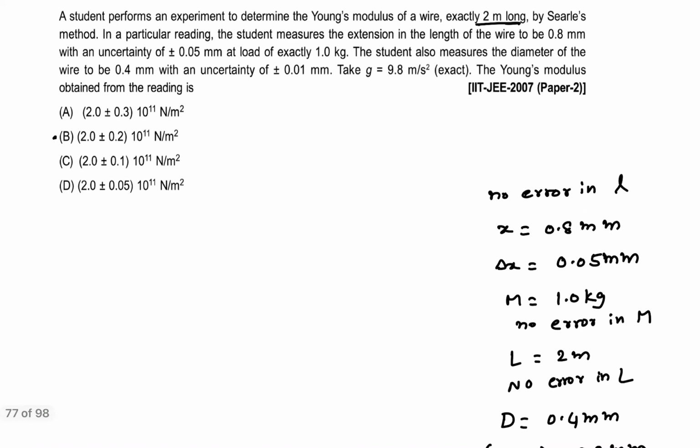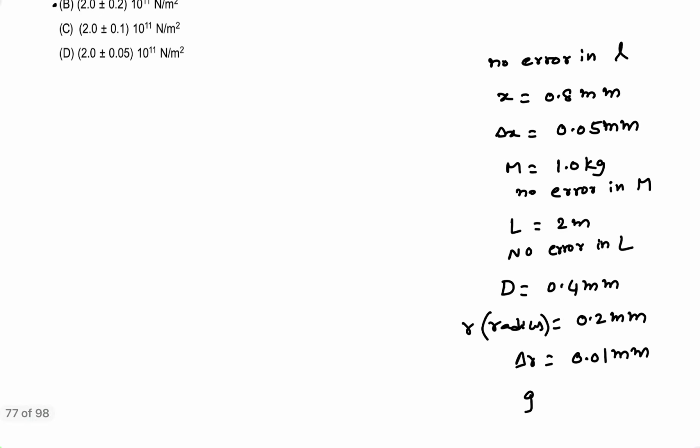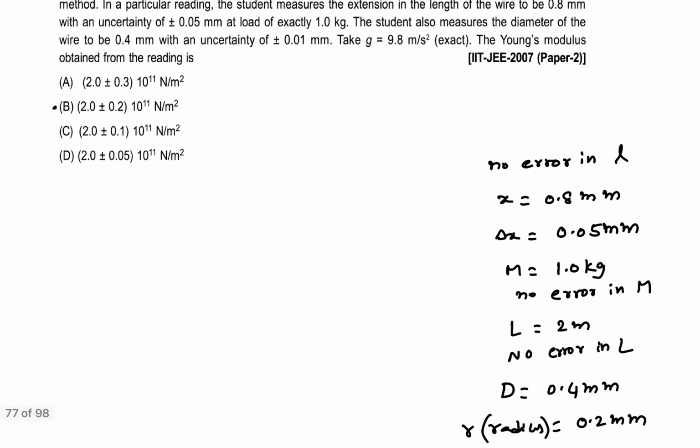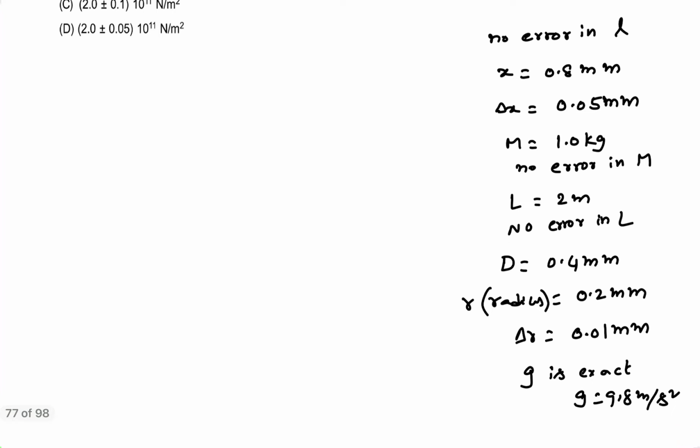Similarly, error in radius, both will be the same. We can write delta R value is equal to 0.01 millimeter. Now, there is no error in g. Actually, g is exact, and that value is 9.8 meter per second square.